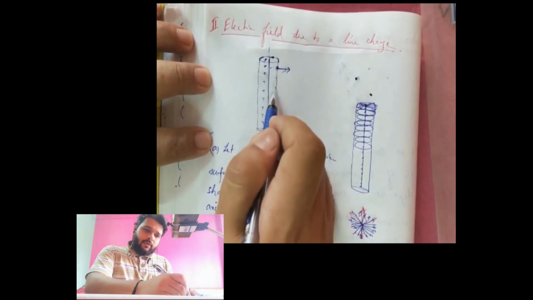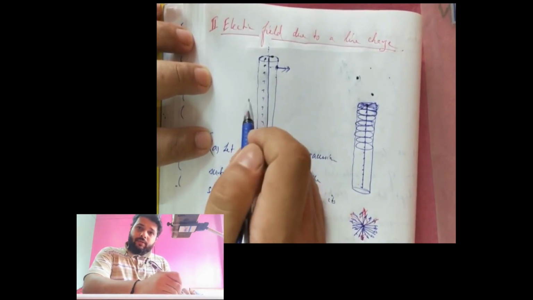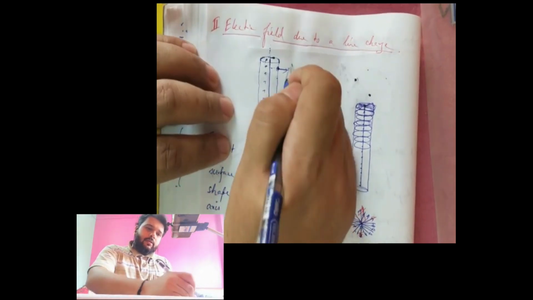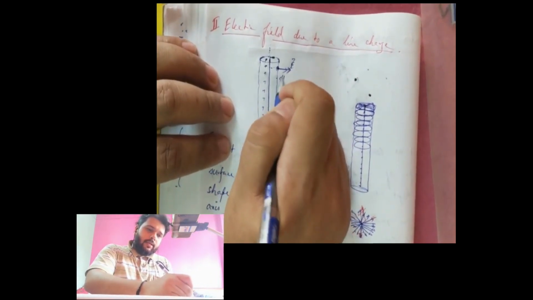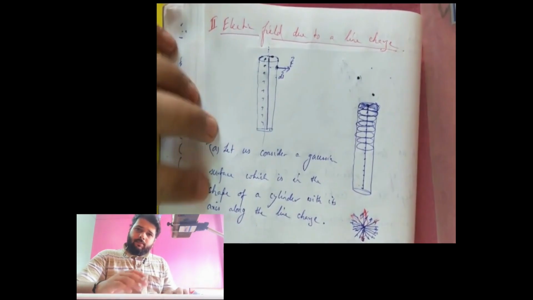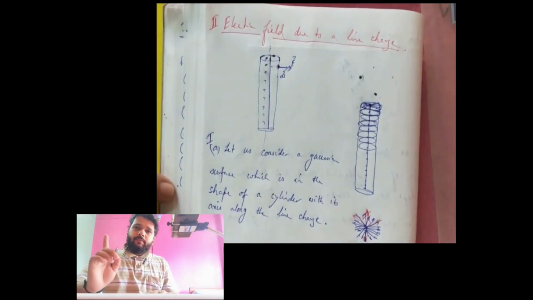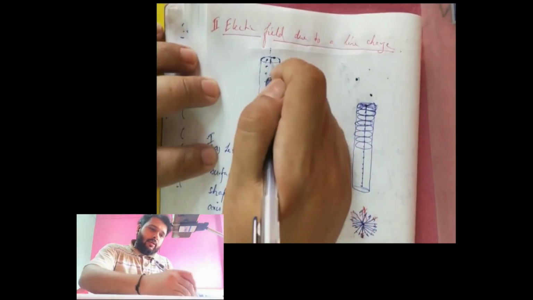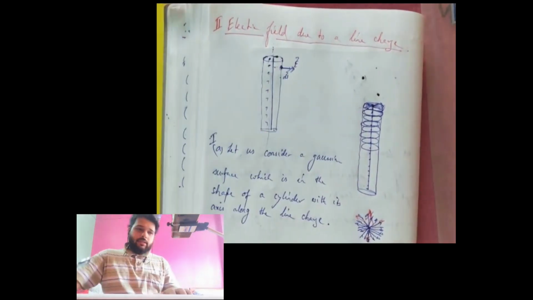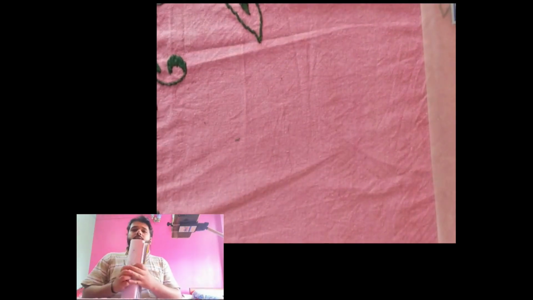So in case of curved surfaces, if I move anywhere on the curved surface, the electric field and the area vector will be along the same line, meaning the angle between E and dS will be 0 degree. But if I move on to the top surface, this is the surface, my palm is the surface.